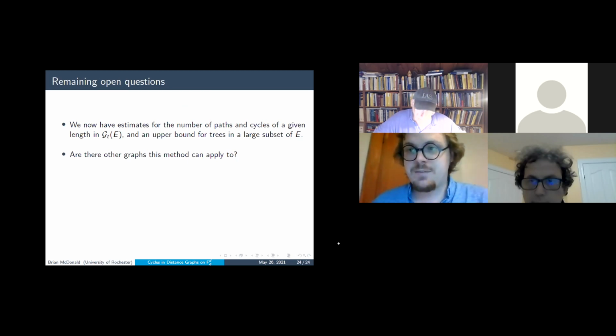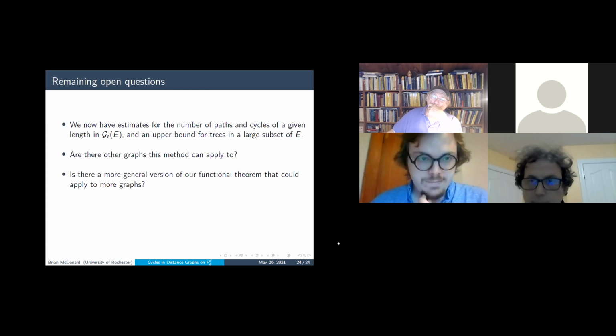And probably, but the difficulty is when you're doing those L2 estimates. Because the nice thing about looking at paths is that when we were taking the L2 of paths, we get cycles. And if you're looking at more complicated graphs, the induction might not work out so nicely.